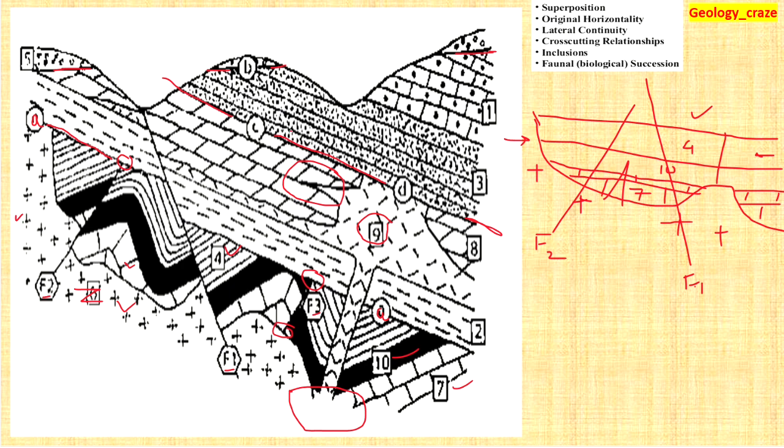On that basis we are able to tell, because here the boundary is rugged, but here the boundary is too smooth. So I put granite as the older one.